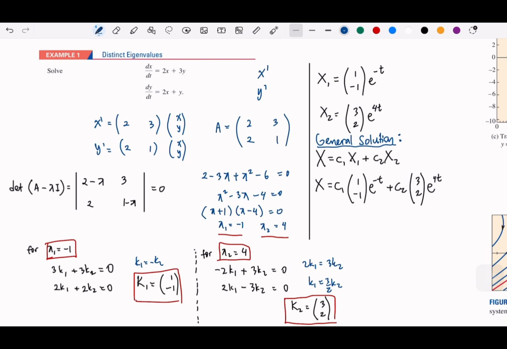But here, if we try to draw all the possible derivatives for all constants that are applicable, we are going to have many lines.